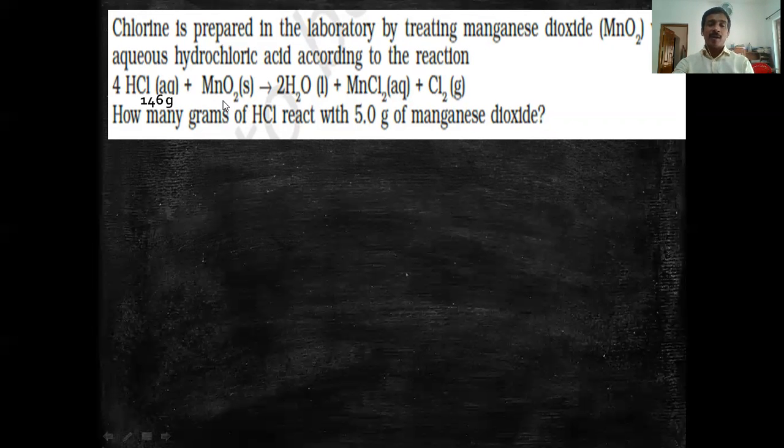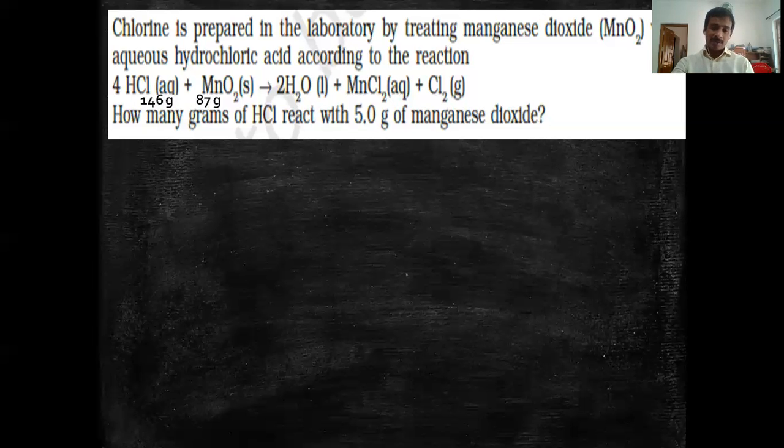Manganese 55 gram, and oxygen 16 plus 16, 32, 55 plus 32, manganese dioxide. What is the mass? 87 gram. Isn't it? This is the required data from the equation.